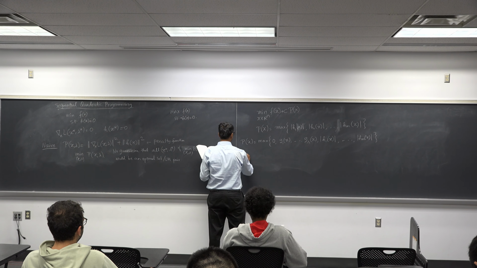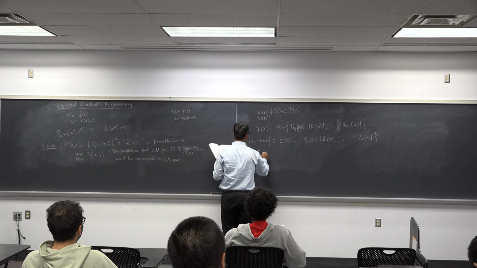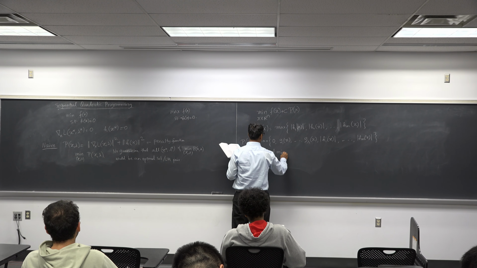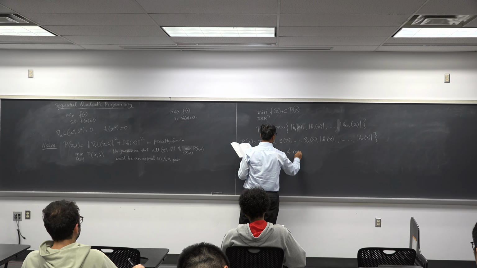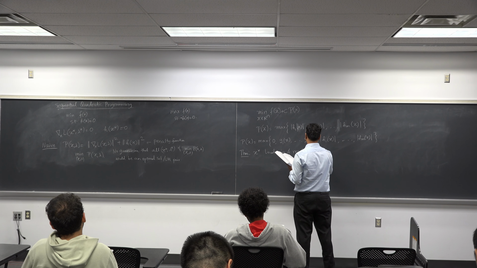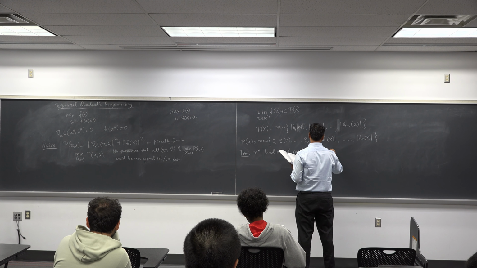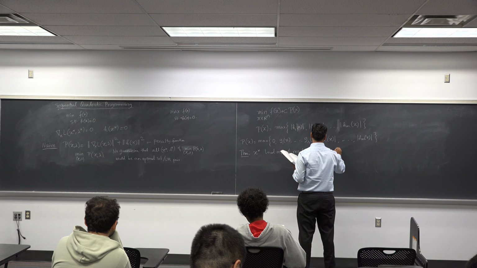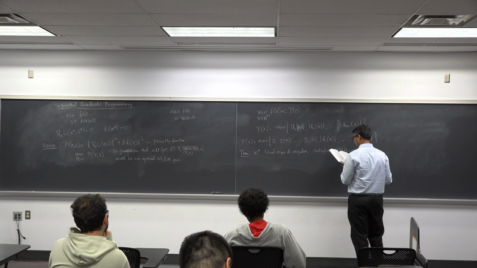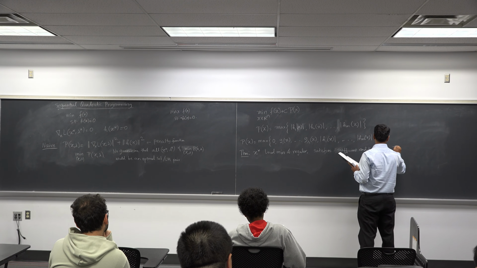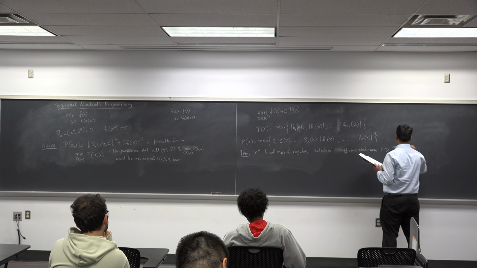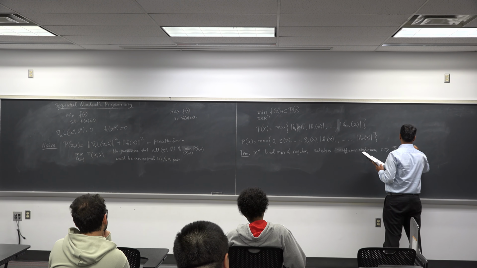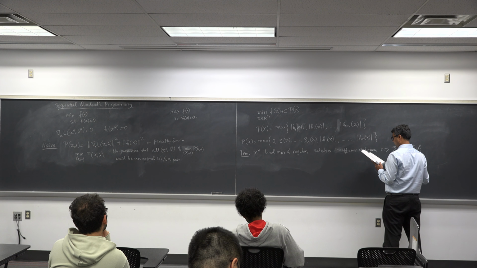And the theorem is: if x star is a local minimum and regular and satisfies second order sufficient conditions, then for c greater than the summation of absolute value of lambda i star plus the summation of mu j star.